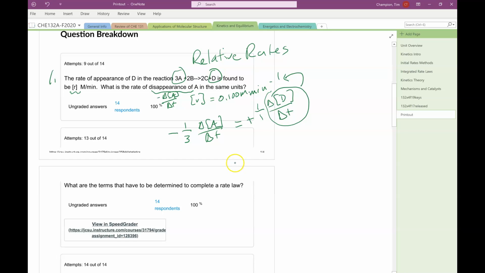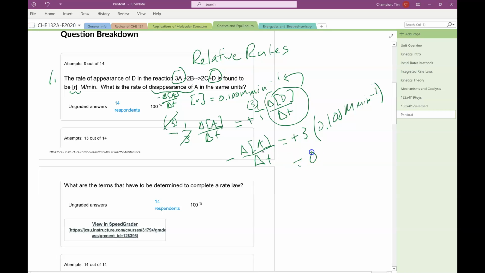So we can just say then that negative delta A, delta T, I'm just going to multiply both sides by 3 and let the 3's cancel out, and then I have just 1 there, so that can disappear. So it's going to be plus 3 times the delta D delta T rate, which is what did I say, 0.100 molar was my example here, molar per minute.